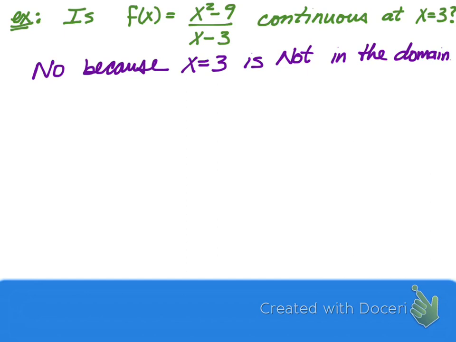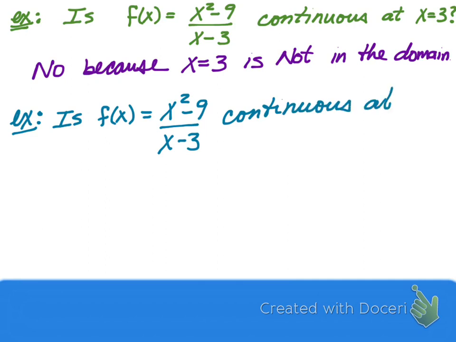If you don't satisfy all three of the conditions, then you are not continuous. Let's do another example. Same function, f of x equals x squared minus 9 over x minus 3. Is it continuous at x equals 1? Well, I know that x equals 1 is inside of the domain. Let's look at the limit.